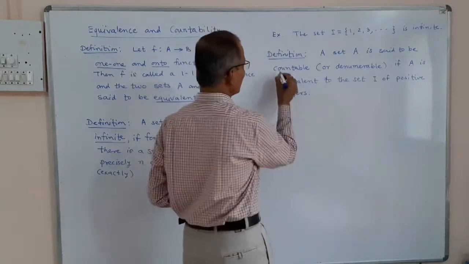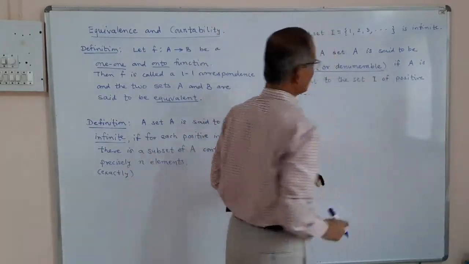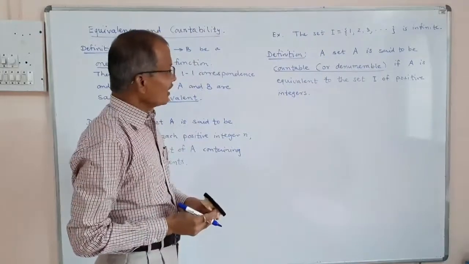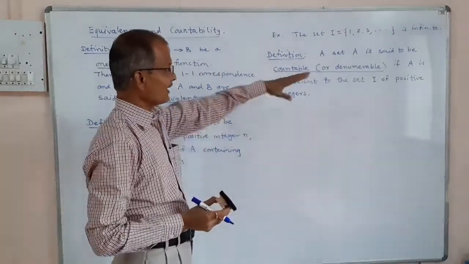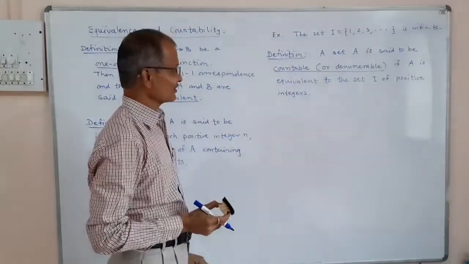So this is the meaning of countable or denumerable set. A is countable if A is equivalent to the set I of positive integers.